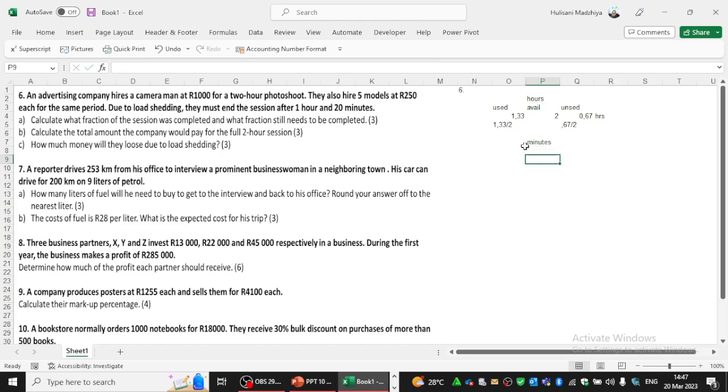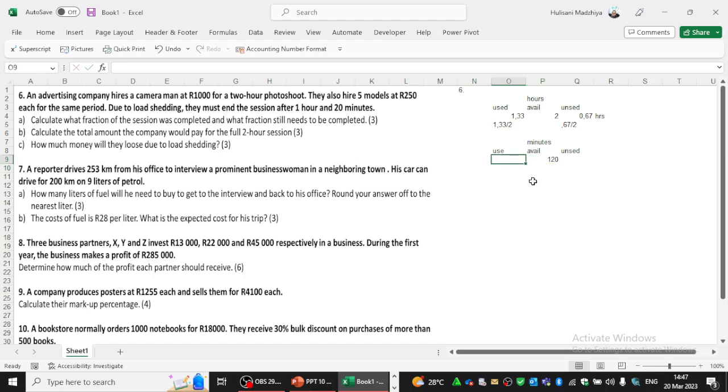When you're using minutes, you convert each and every hour to minutes and then only use minutes. For 2 hours, we convert to minutes: 2 multiplied by 60. For each hour there are 60 minutes, so in total 2 hours is 120 minutes.